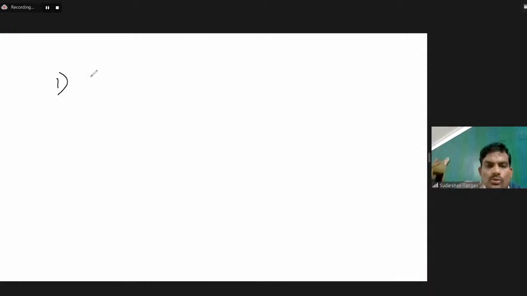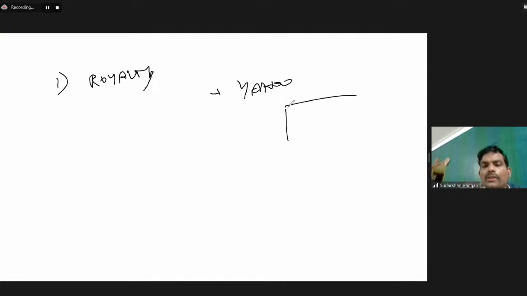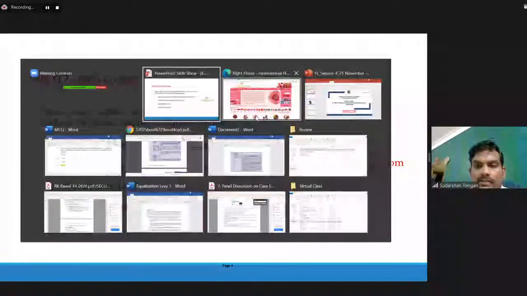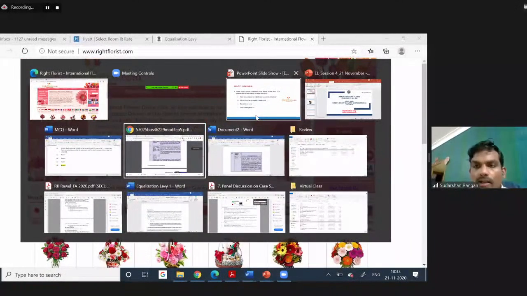So let's first look at royalty. Yahoo is a website, and on the website you will get the ad, right? Let's make it more practical. Sandeep says FTS. I'll go to Google. I want to show you this.